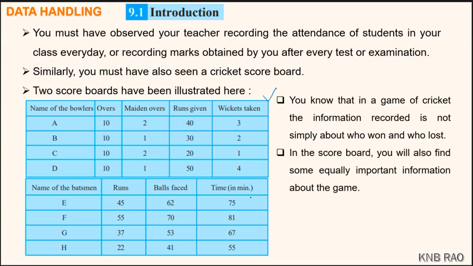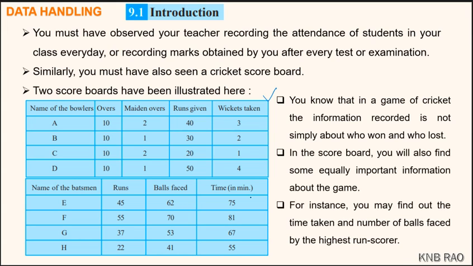For instance, you may find out the time taken and the number of balls faced by the highest run scorer. That gives the best performance and best batsman, which is going to be a big criterion to decide man of the match.